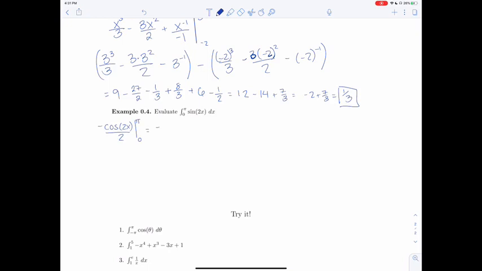So we have negative cosine of 2 pi over 2 minus negative cosine of 0 over 2. Well, cosine of 0 is 1, and cosine of 2 pi is 1. So here we have -1 over 2 minus -1 over 2. So we have 0.